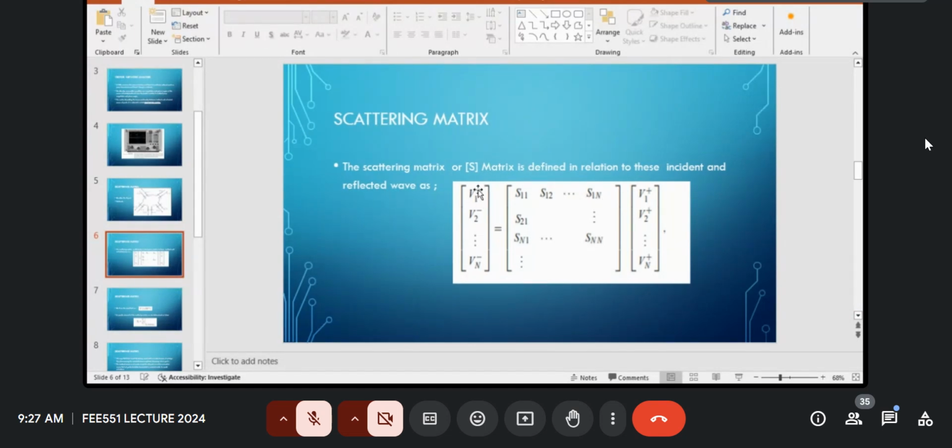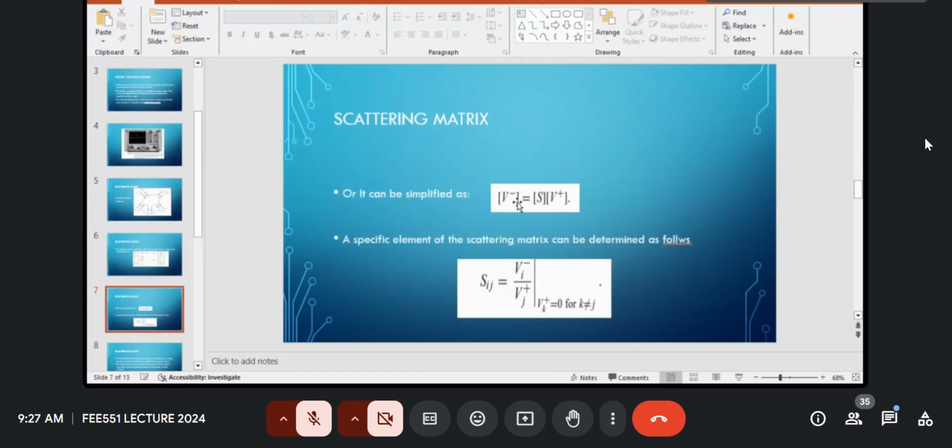You can see the reflected parameters are here, V1 negative, V2 negative, all the way to Vn negative. Then V1 positive are the incident, then S11, S12, all the way to S1n. Those are the scattering parameters.